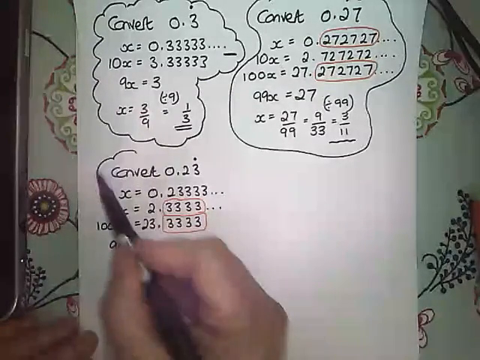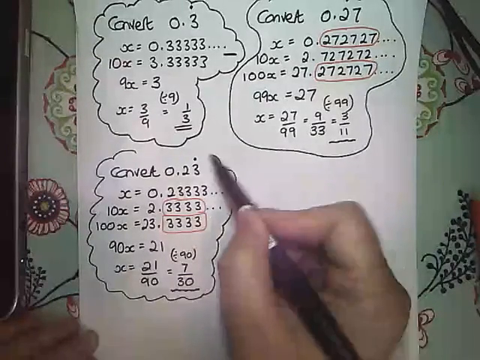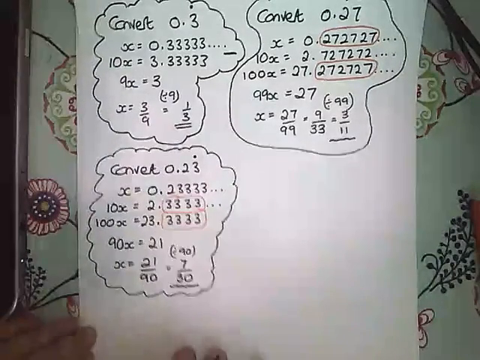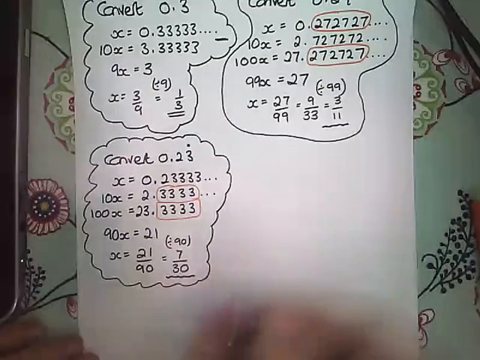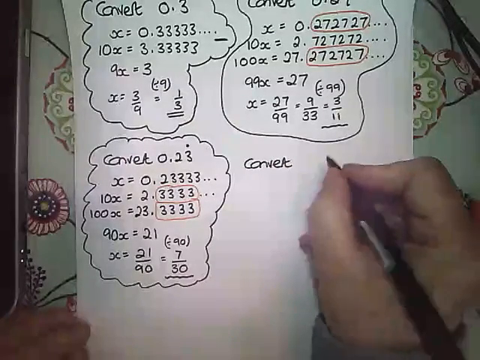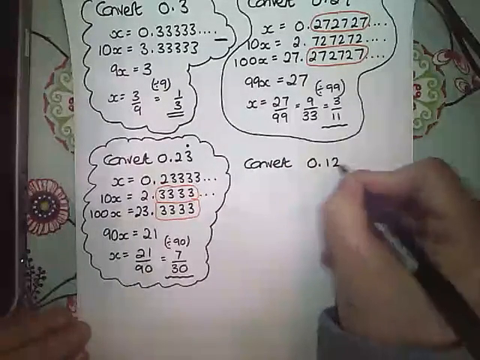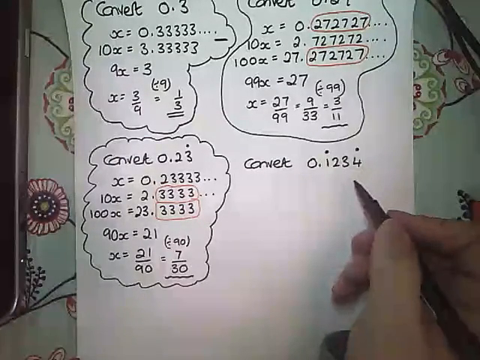And finally, if you have a bit of a longer recurring number, it's exactly the same method. You just might have to times by 10 or 100 or 1,000. So if I had something like this, 0.1234, and the repeating pattern was 1 2 3 4 1 2 3 4.